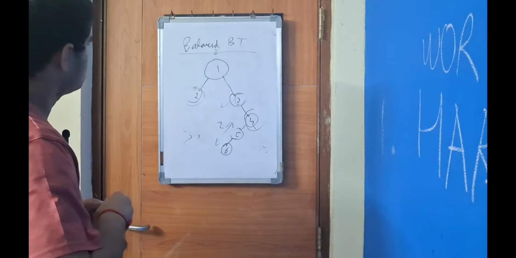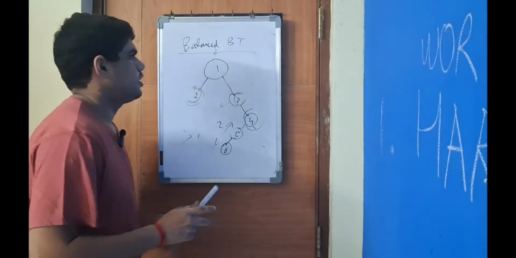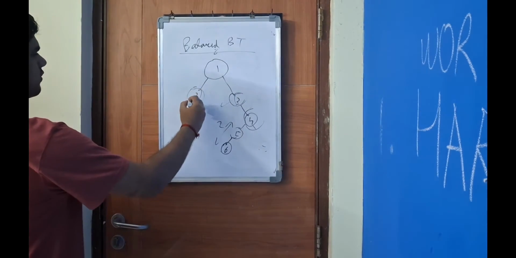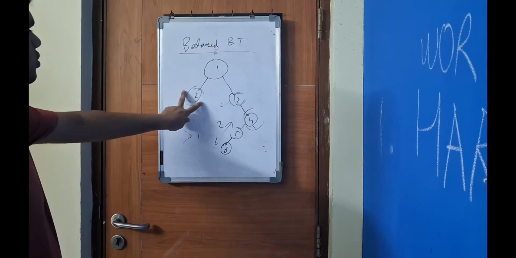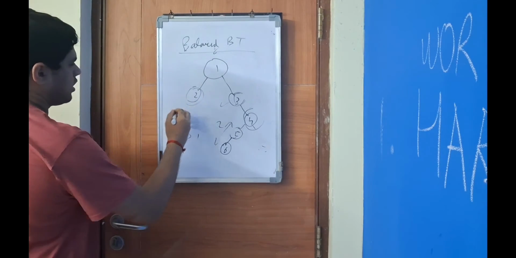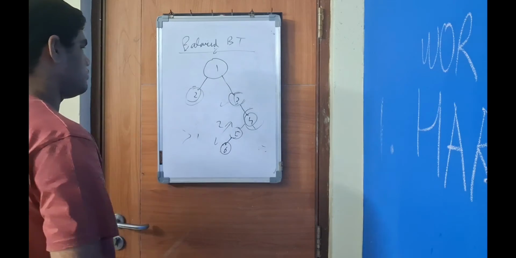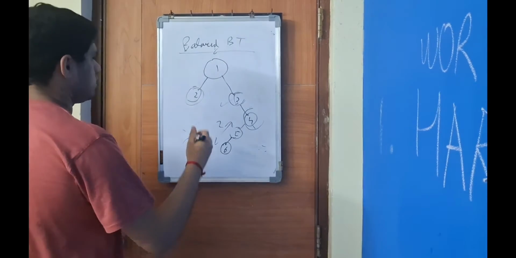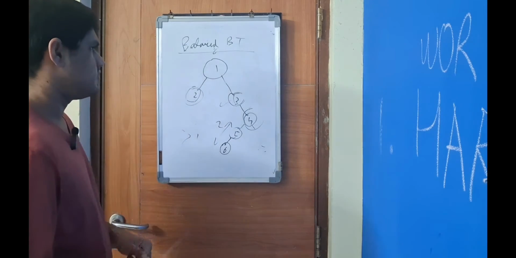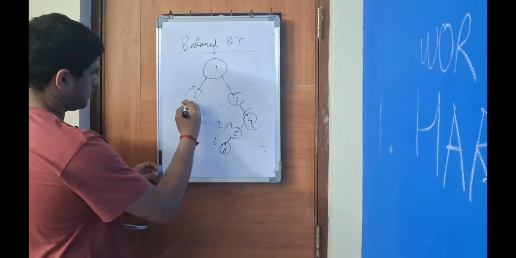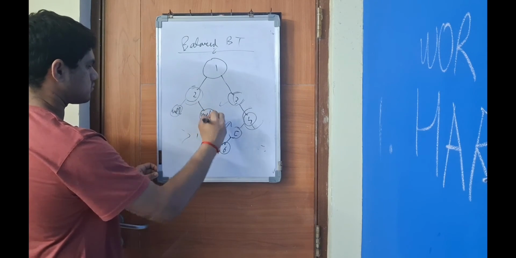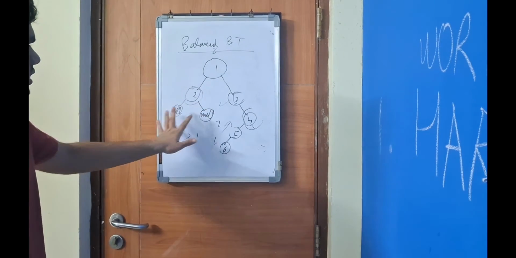We have to keep certain things in mind. Let's say this node 2 has neither a left half nor a right half, so it's going to return 0. Why? Because the left is null and the right is null.